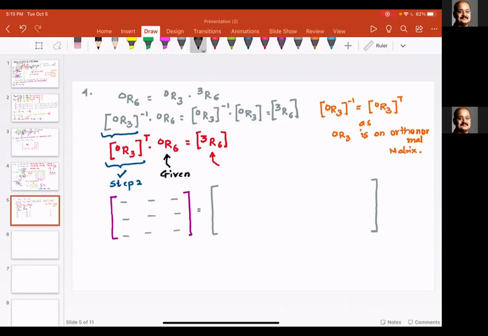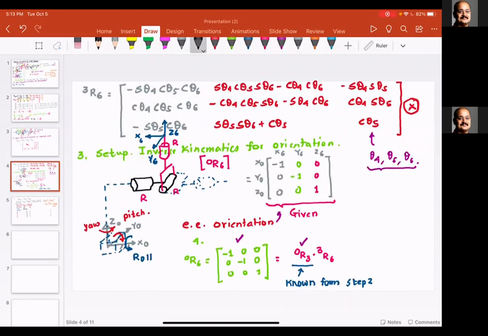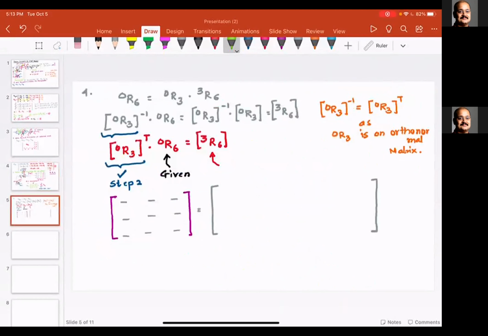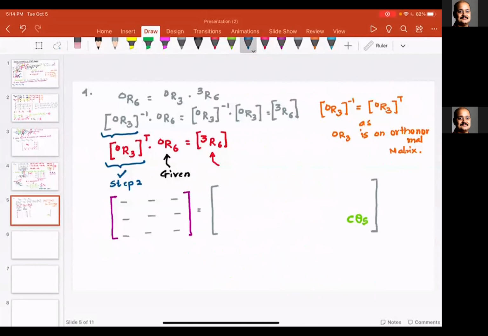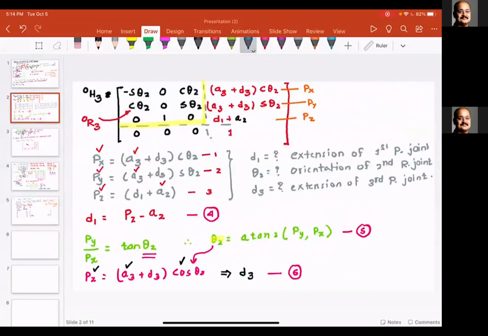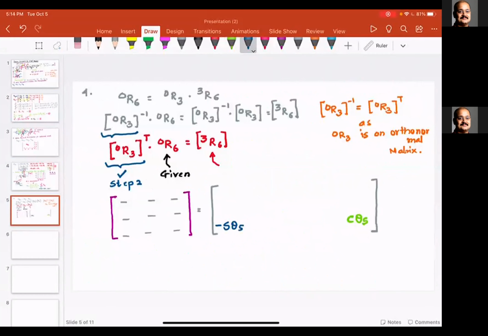Now let me pick up some key elements from 3R6. Especially, I want you to look at this cosine theta 5 term. Then I want you to look at this term, which is minus sine theta 5 cosine theta 6.